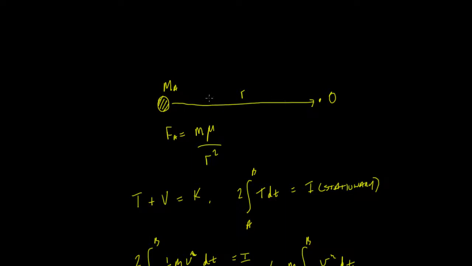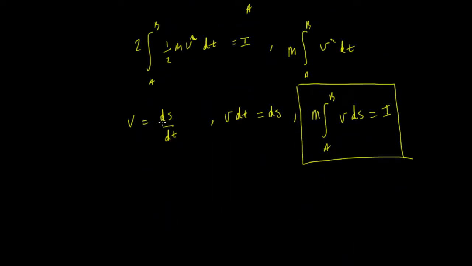As the radius changes, how does the velocity change? That's our question next. So what we want to do is find v in terms of our radius r.